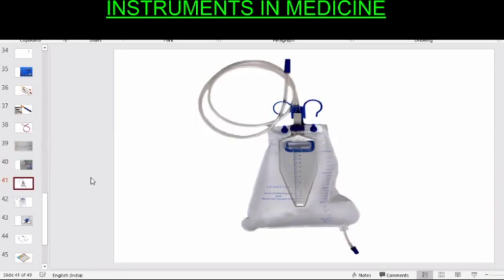Anyone wants to volunteer? Or it is a urine collection bag. Apart from that, there is a urometer also.